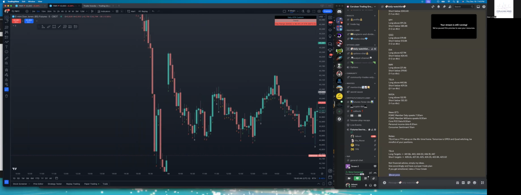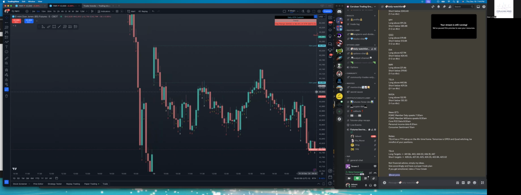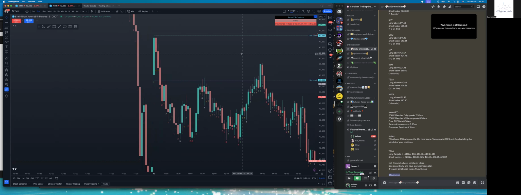So, at least for those who do know, for the 15-minute ORB, or 15-minute opening range break, the version that I personally prefer is the retest version, which I have specific criteria that I look for.